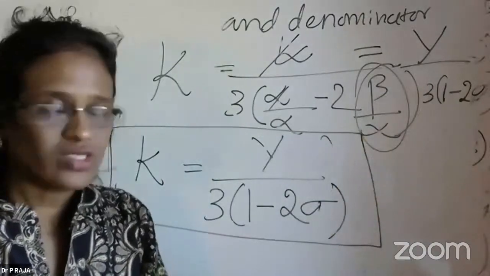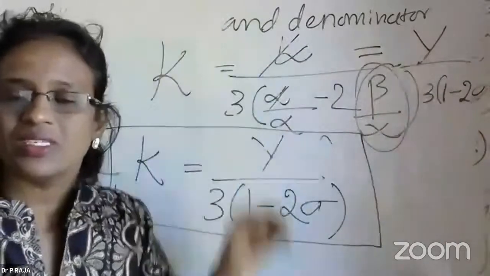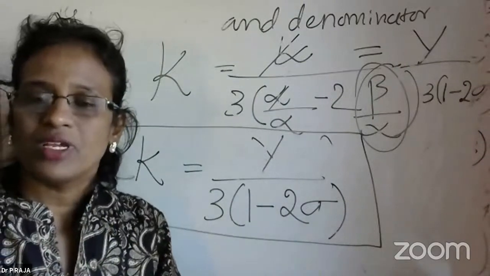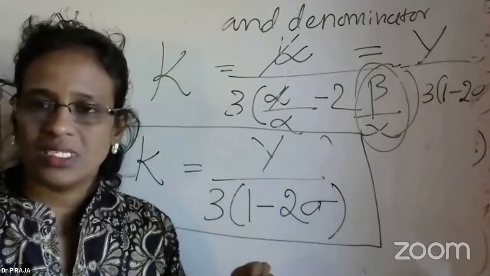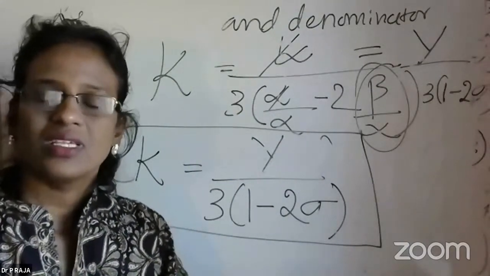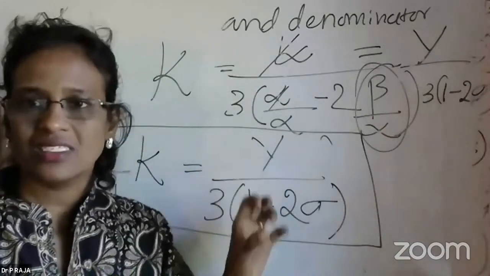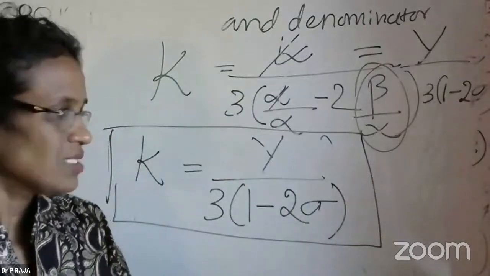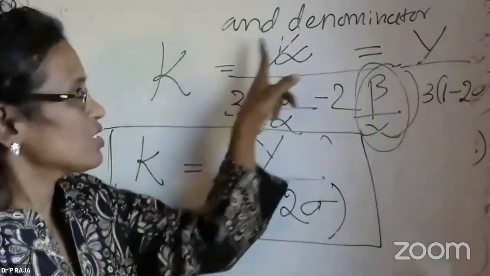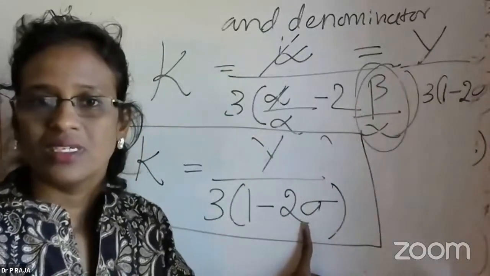We related the Poisson's ratio with the Young's modulus first, and then we considered a cube with unit area and applied the force along the X, Y, and Z directions. We got 3 equations, multiplied them to find the new volume, and subtracted the initial volume; the increase in the volume of the cube was taken as the strain factor. Then the bulk modulus is connected with the Young's modulus and the Poisson's ratio in this way.